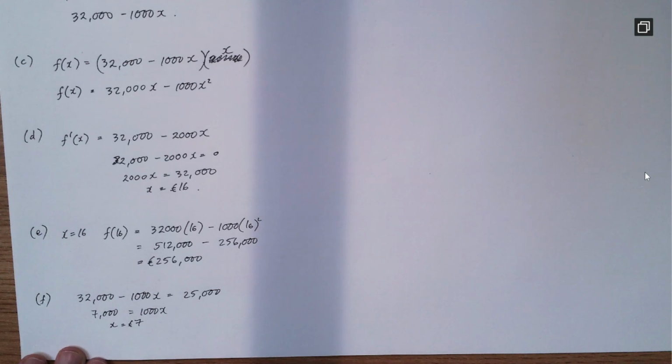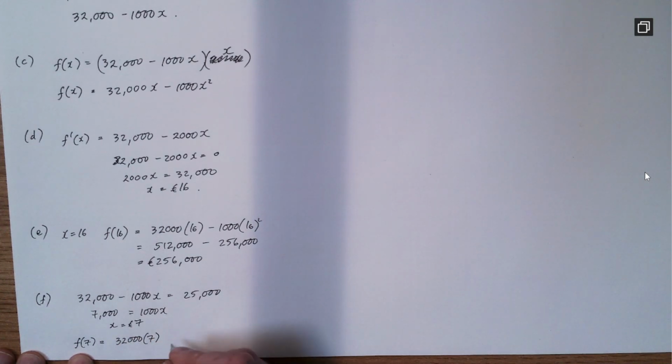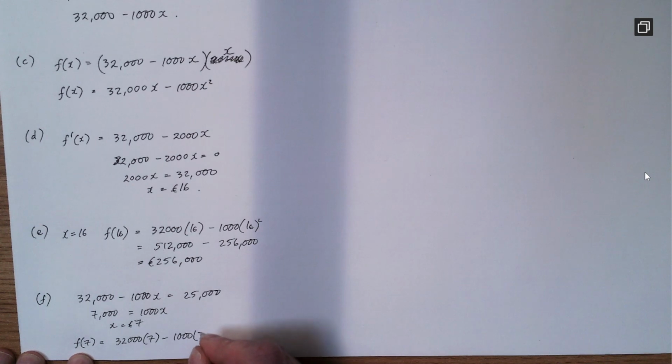Now with x equals 7, f of 7 equals 32,000 times 7 minus 1,000 times 7 squared.